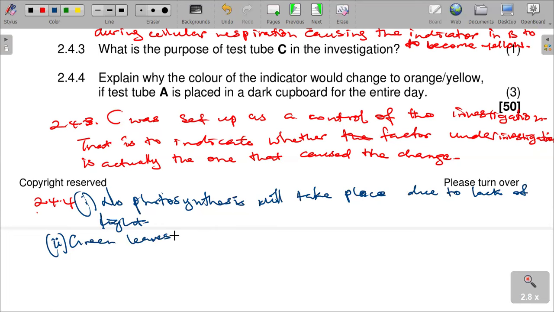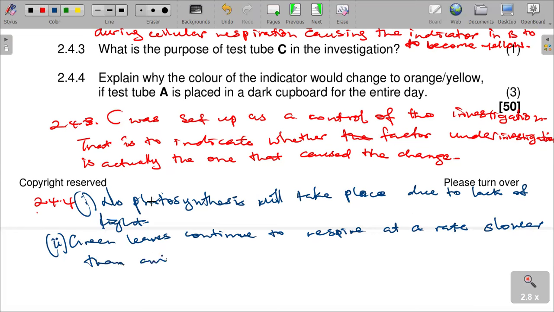The green leaves continue to respire at a rate that is slower than animals. That is one thing that you should understand.